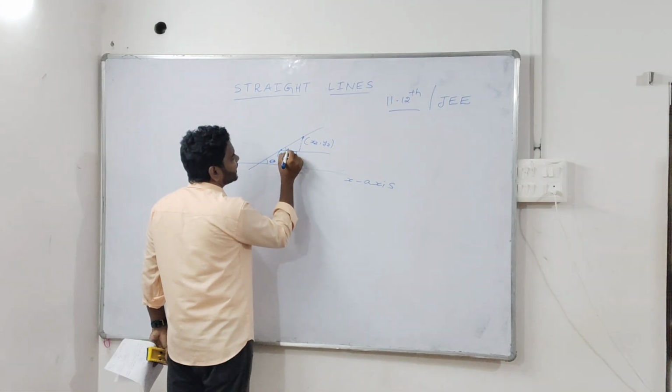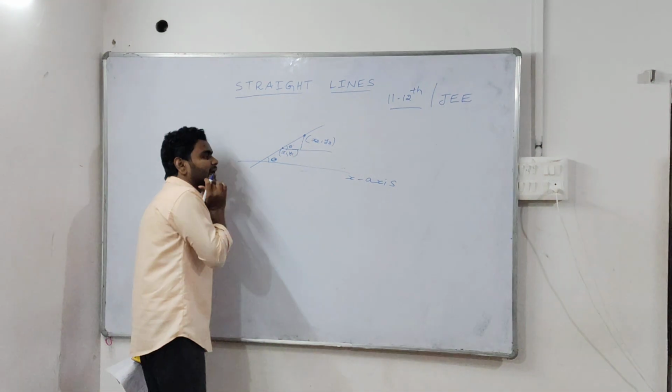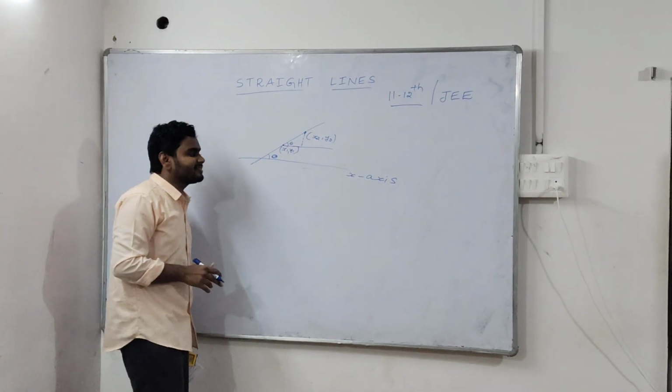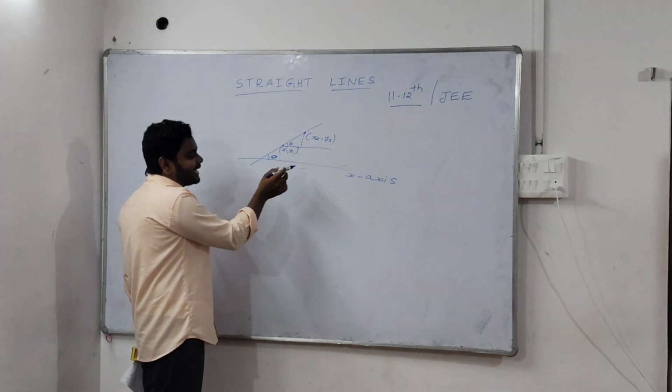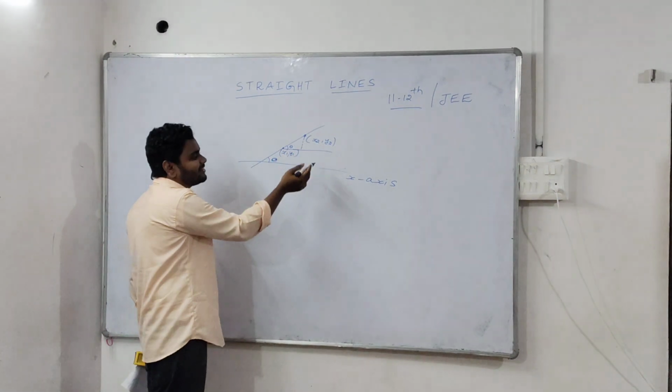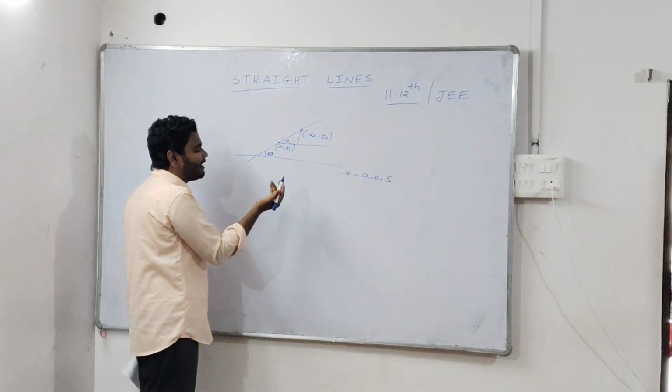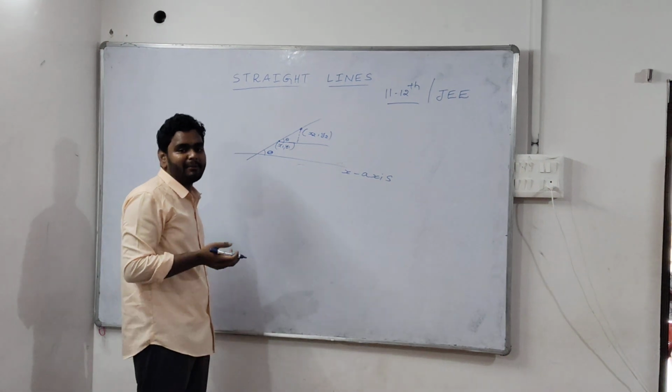This is theta. Previously we had seen that if the angle theta is given for a line, the slope is m equal to tan theta.